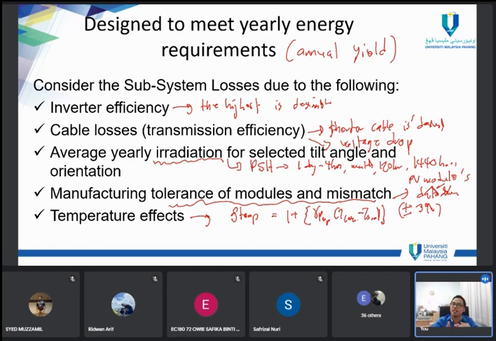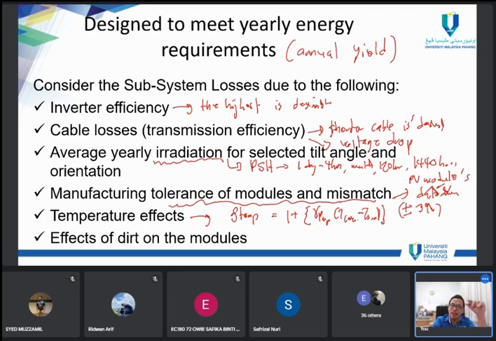Okay, so the fifth factor is coming from the temperature coefficients. The value from the temperature coefficient we get, we are going to proceed with this temperature effect factor.